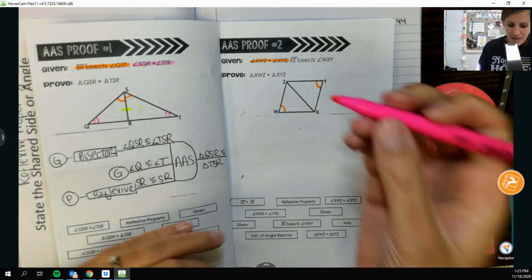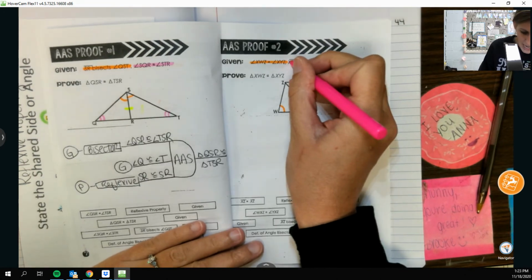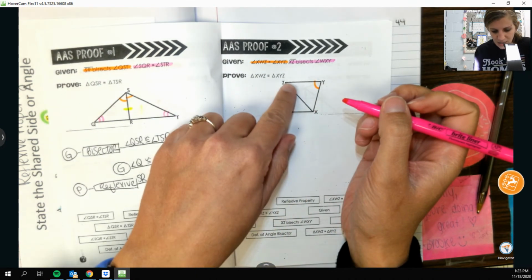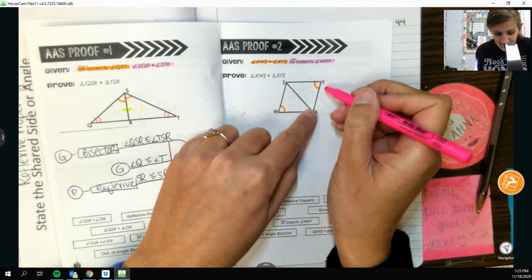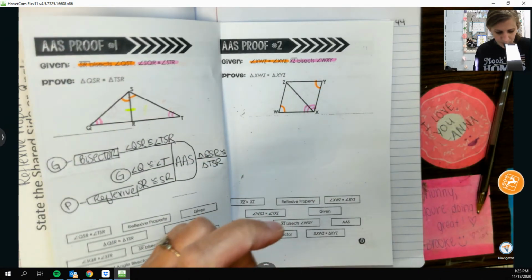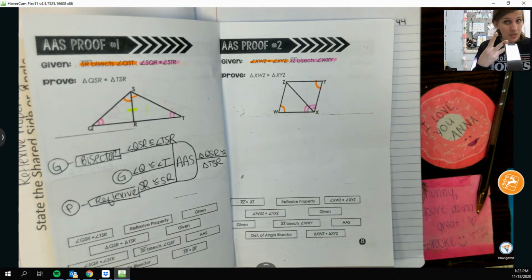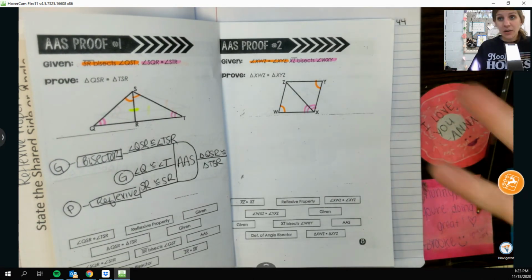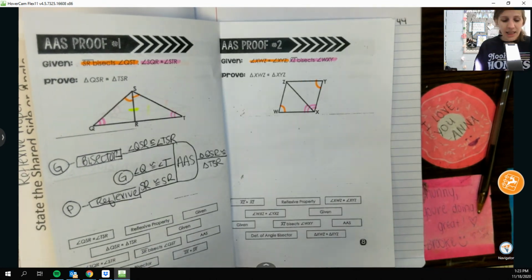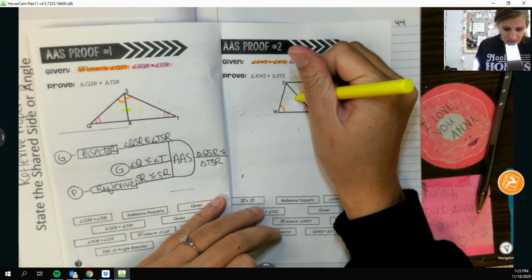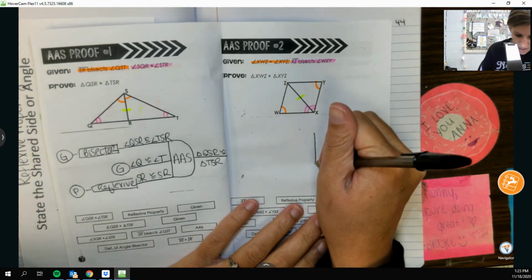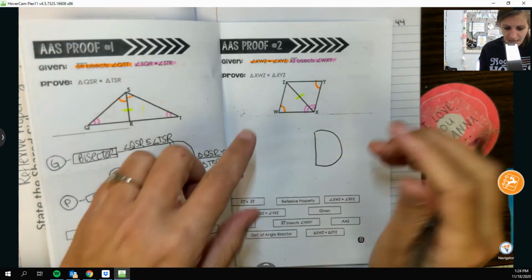Then they told me that XZ bisects angle WXY, so this is cutting X in half equally. That's only two things. I need three things. So I have to get a third thing, hopefully from my picture. Hopefully a side, because angle won't work. And luckily, we have this shared side in the middle, which again is a reflexive property thing.